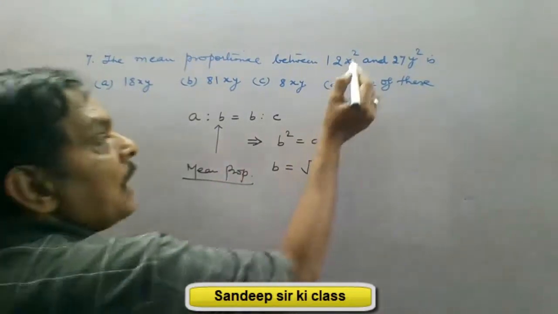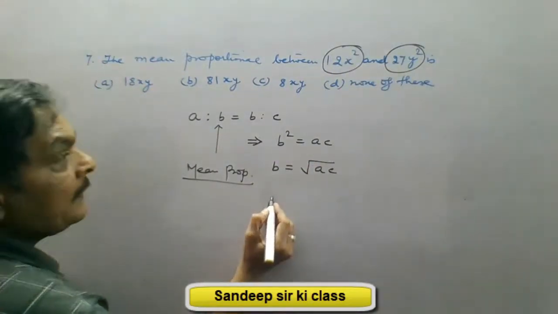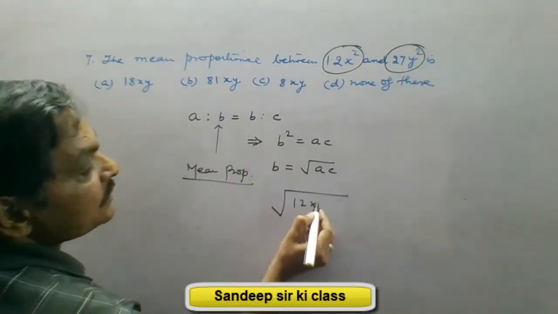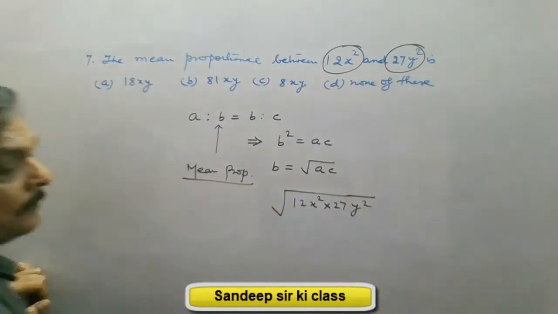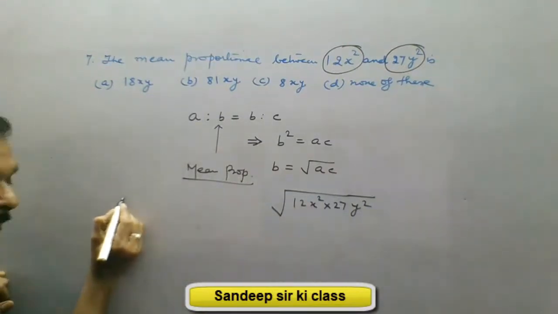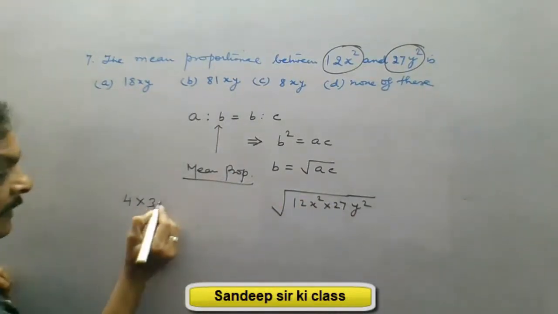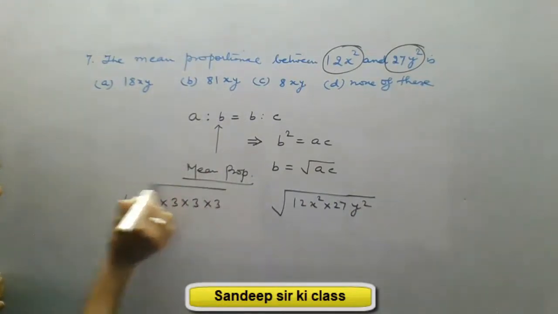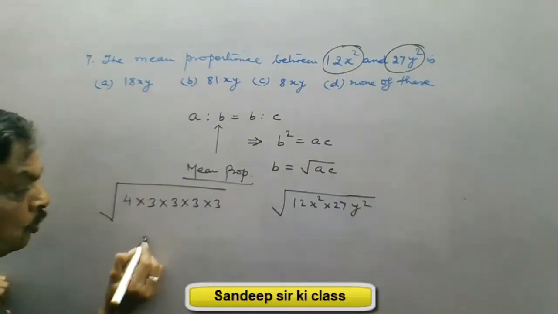So here the numbers are 12x square and 27y square. So accordingly the mean proportional will be under root of 12x square into 27y square. See, 12 into 27. Now, 12 can be written 4 into 3 and 27 can be written 3 into 3 into 3. So, when we take under root of it, square root of 4 is 2.